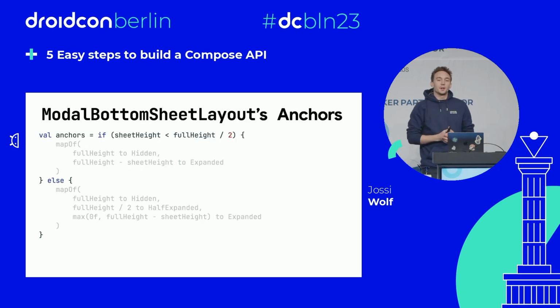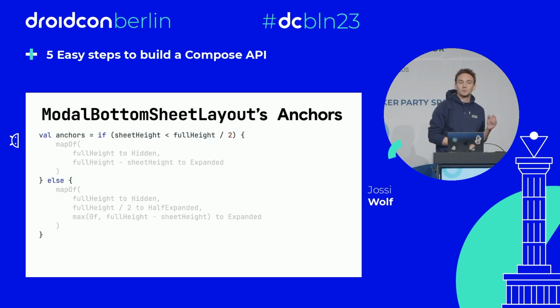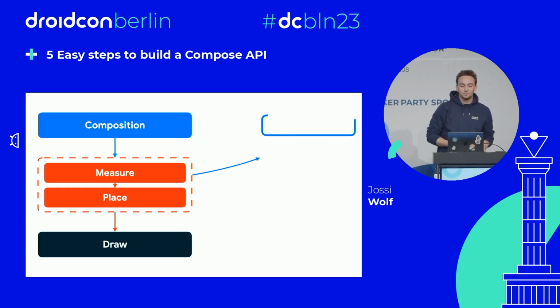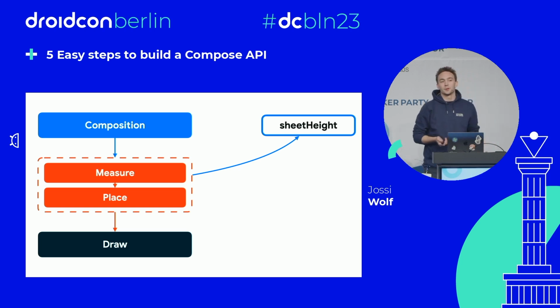Well, if your anchors aren't completely static, for example, in the modal bottom sheet layout's case, we were actually taking the sheet height, and based on that, deciding, do we want to have a half-expanded anchor or not? And when you think back to Compose phases, which is composition, then layout, which consists of measure and placement, and then drawing, and you think about where you would get the height of the sheet from, you get that from layout, of course, right?